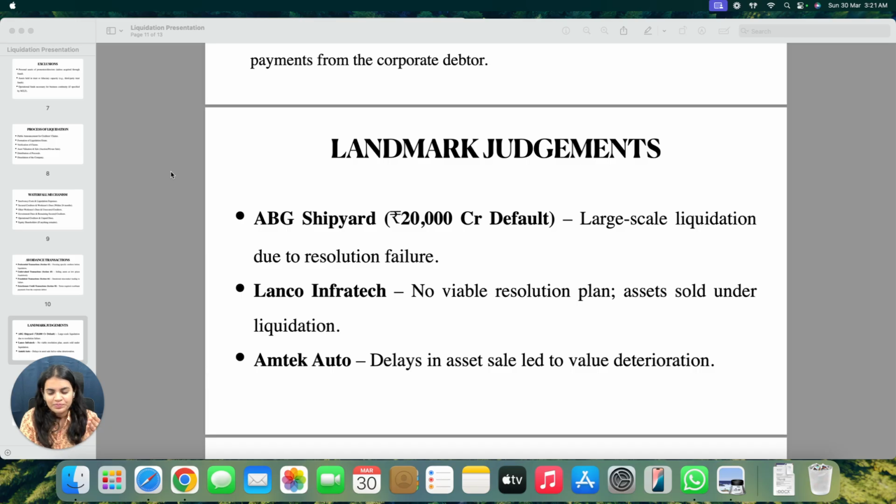During COVID, they could not sell it, and because of the lockdown period, and after the lockdown period was concluded and things started settling down, the auto industry had taken a very huge hit, and because of that, they were not able to sell the assets as quickly as would have been ideal, and because the assets were lying aside for such a long delayed period, there was a very huge value deterioration of the assets.